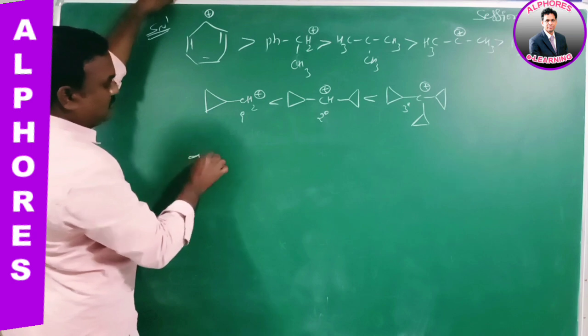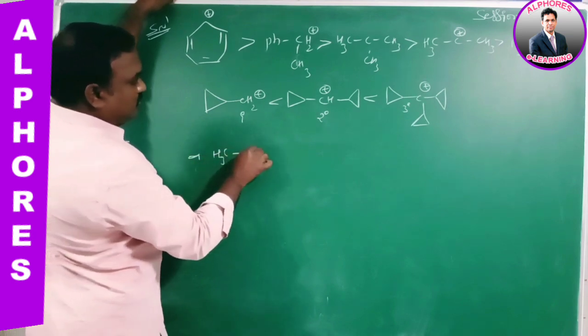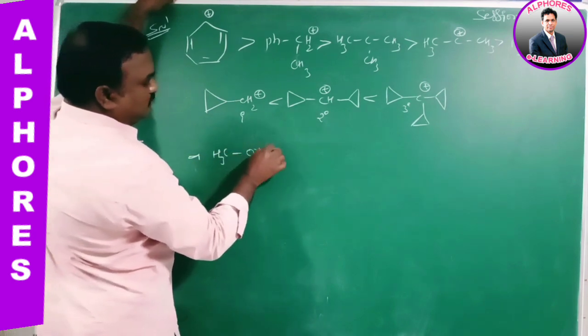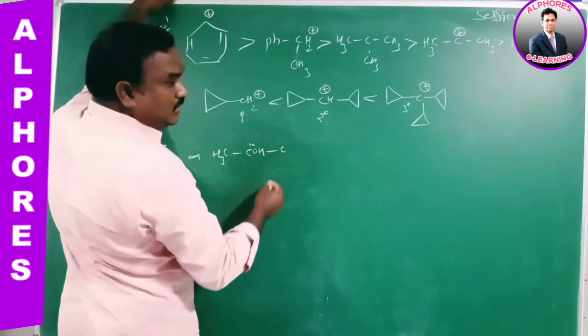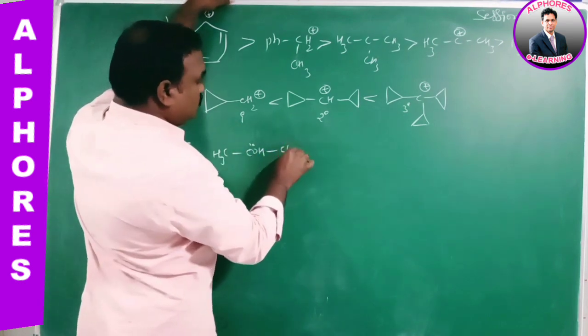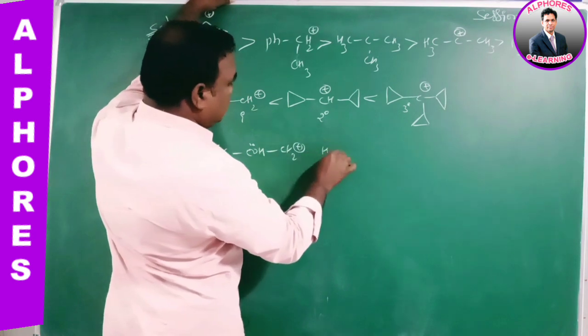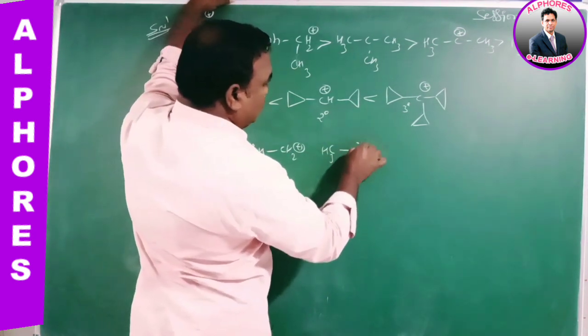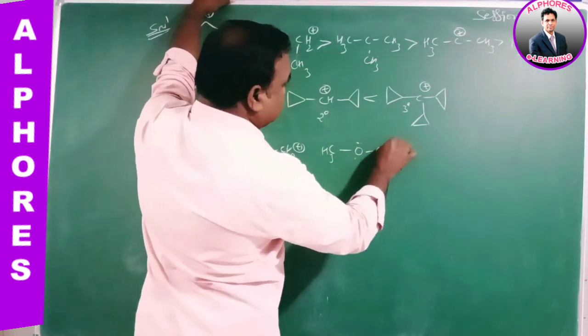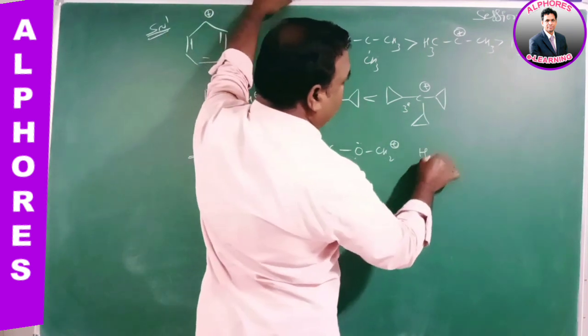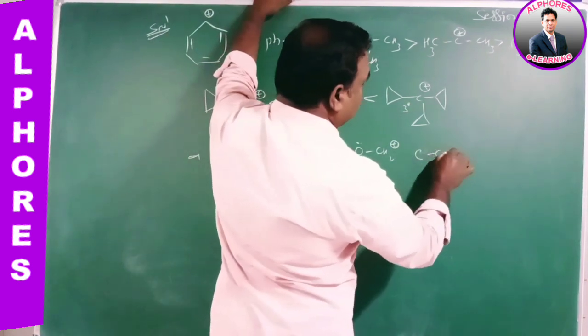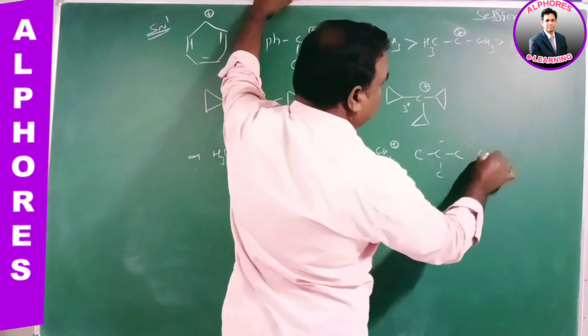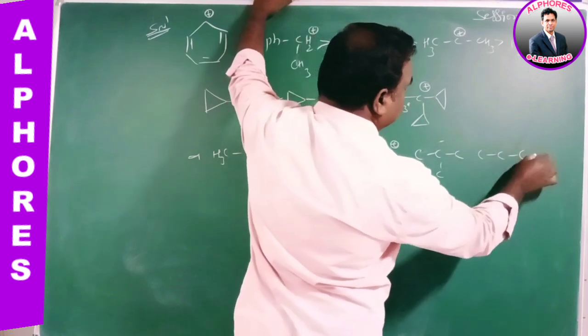For example, here CH3 is given. Here NH is given. Here CH2+ is given. Here CH3 is given, O is given. Here a tertiary carbocation is given. Here a secondary carbocation is given.